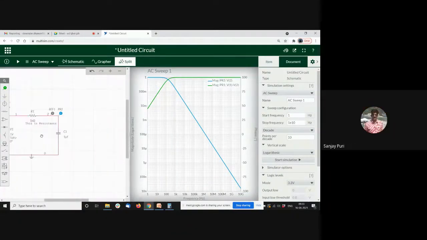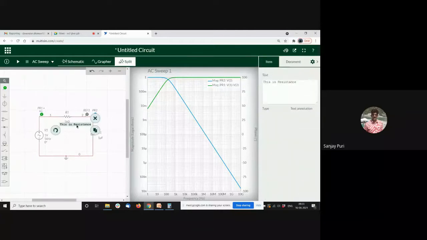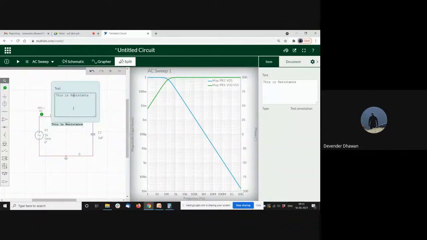On the circuit we can write, but can we write a paragraph using this same tool? You want to write a paragraph below the circuit, so you write here with the same tool. Yes, you can write anything here, up to you.